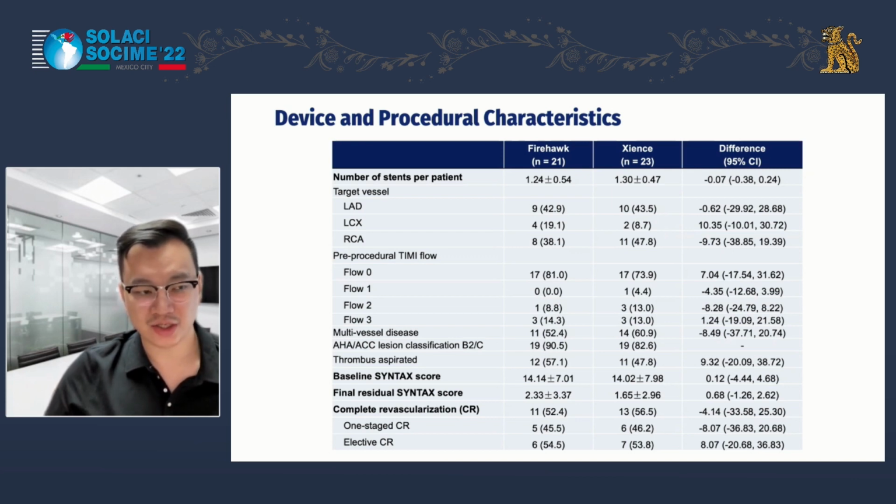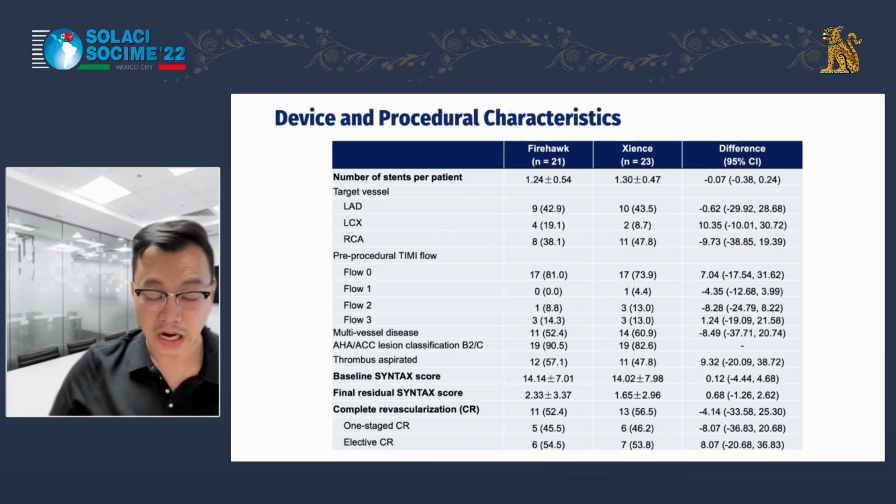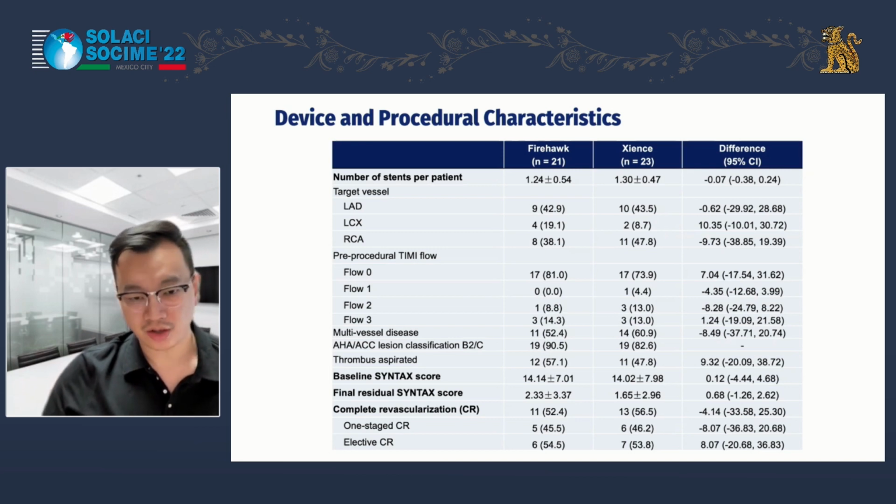Only half the patients achieved that goal, and elective and one-stage complete revascularization were 50 to 50. Based on our previous research, we found that the cutoff point for optimal revascularization is below residual SYNTAX score 8. All patients have achieved that goal.